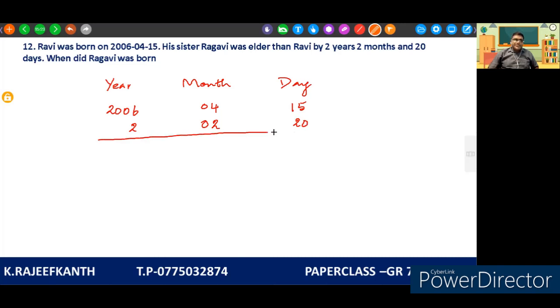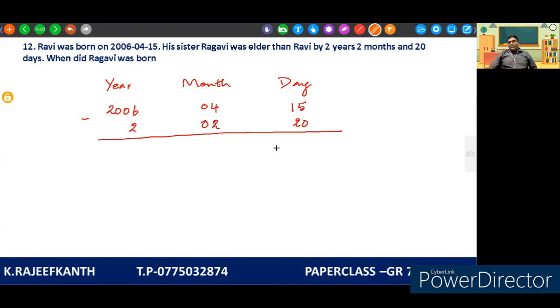Now we are going to find the date of birth of Raghavi. So how can we find? Here Raghavi is the elder one, no? So we have to subtract. Then only here Ravi was born 2006. If Raghavi is the elder one, then she was born earlier, no? Than Ravi. So we have to subtract.